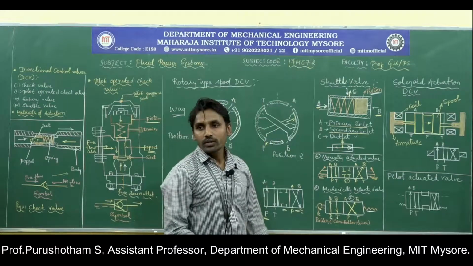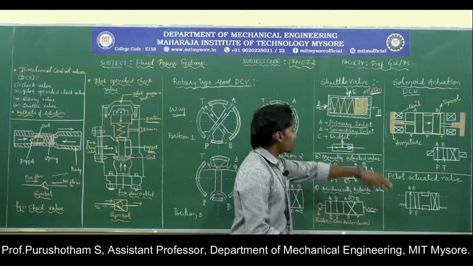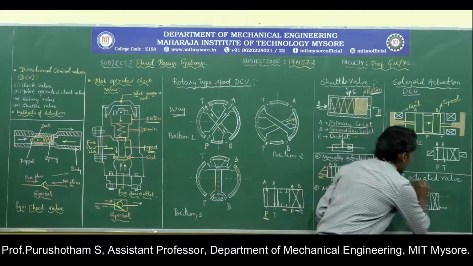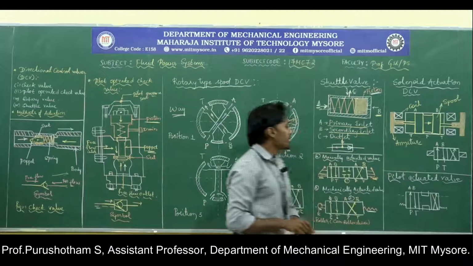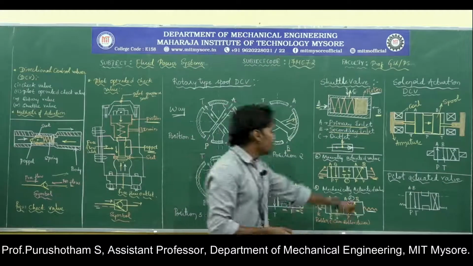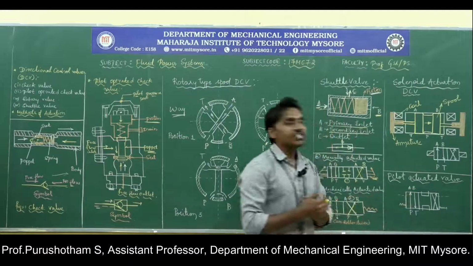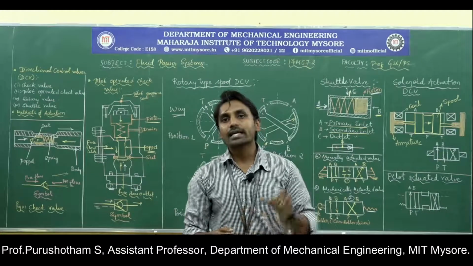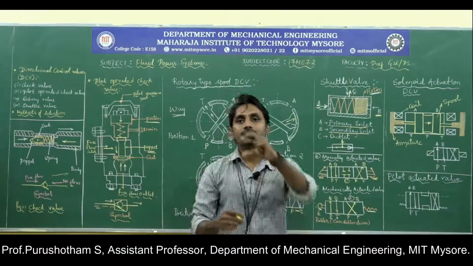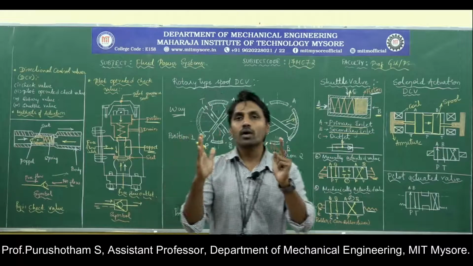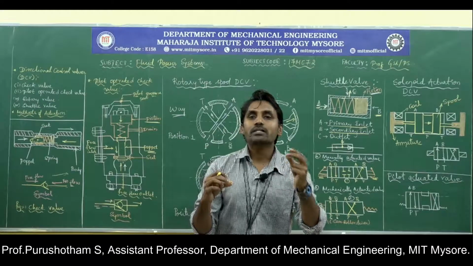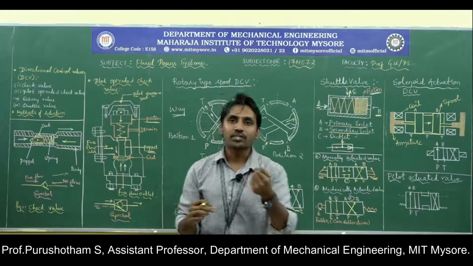So next we move on to the third one, the pilot actuated valve. Here the actuation is by means of air pressure against a piston. Both ends of the valve are provided with pistons, and these pistons are driven by air pressure.